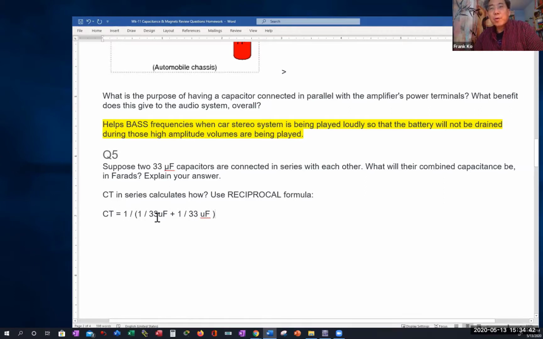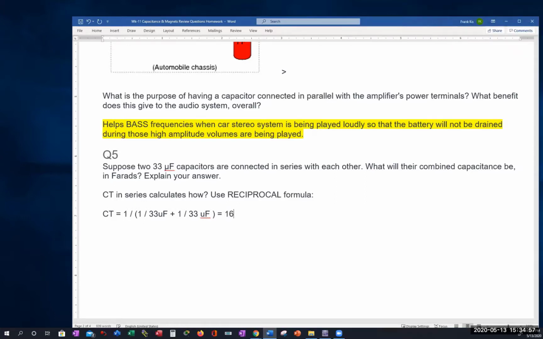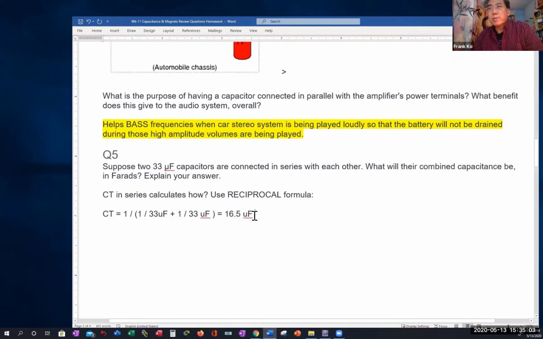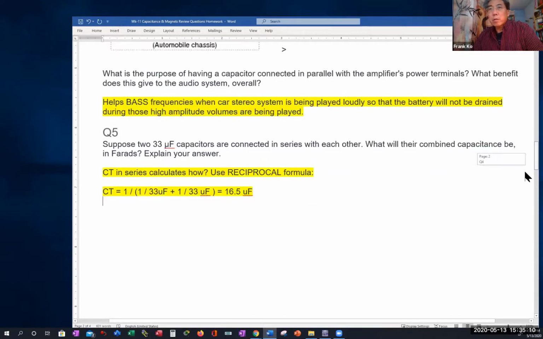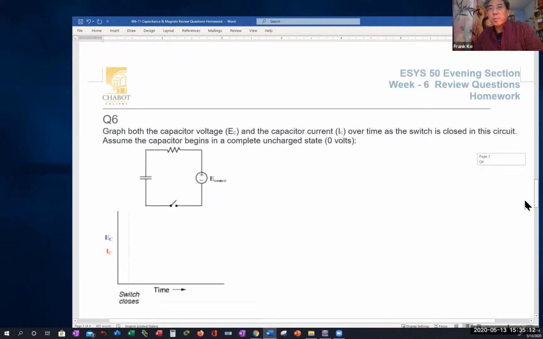It's 1 over the reciprocal of 33 microfarads plus the reciprocal of 33 microfarads. And so the answer is going to be 16.5 microfarads. Everybody should be able to do that on their calculators and end up with that value. You're going to see something similar to this.